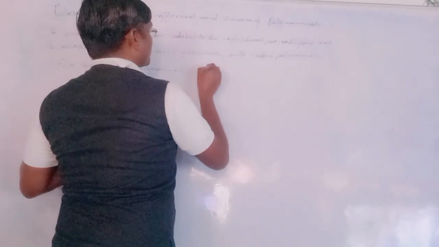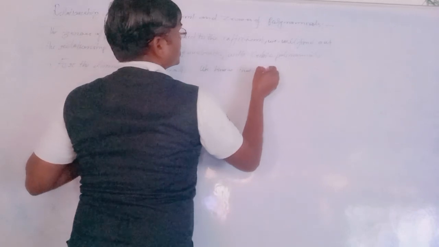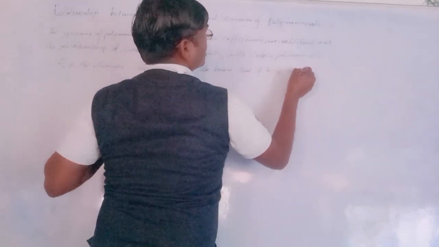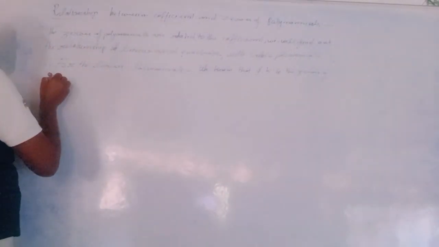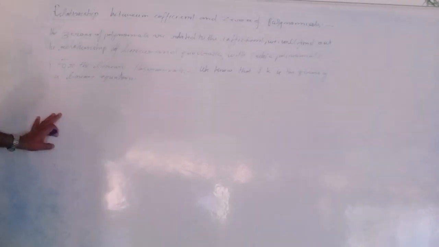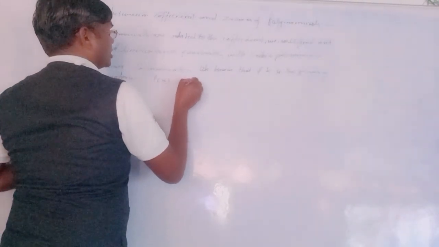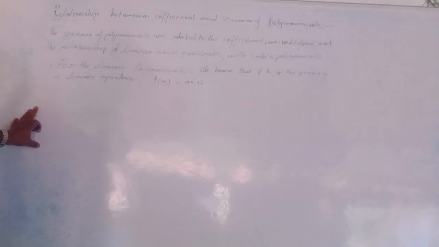We know that if k is the zero of a linear polynomial, px is equal to ax plus b.